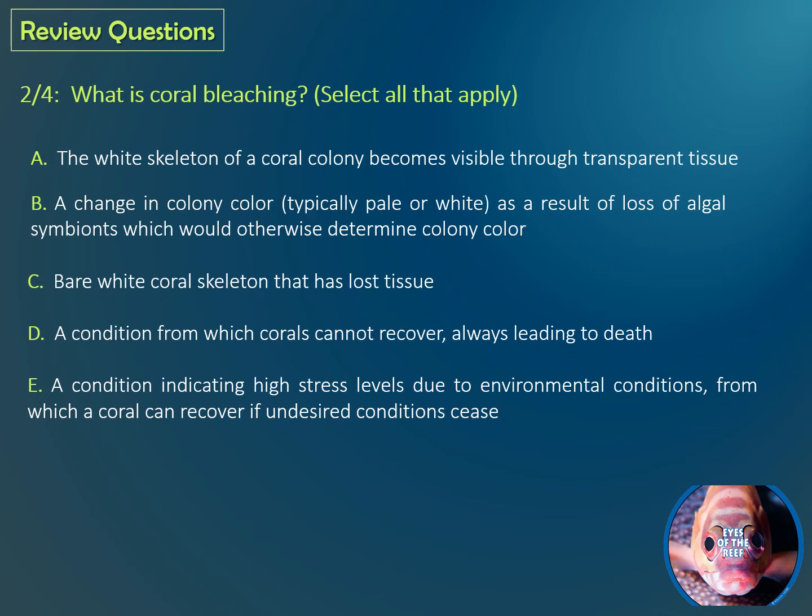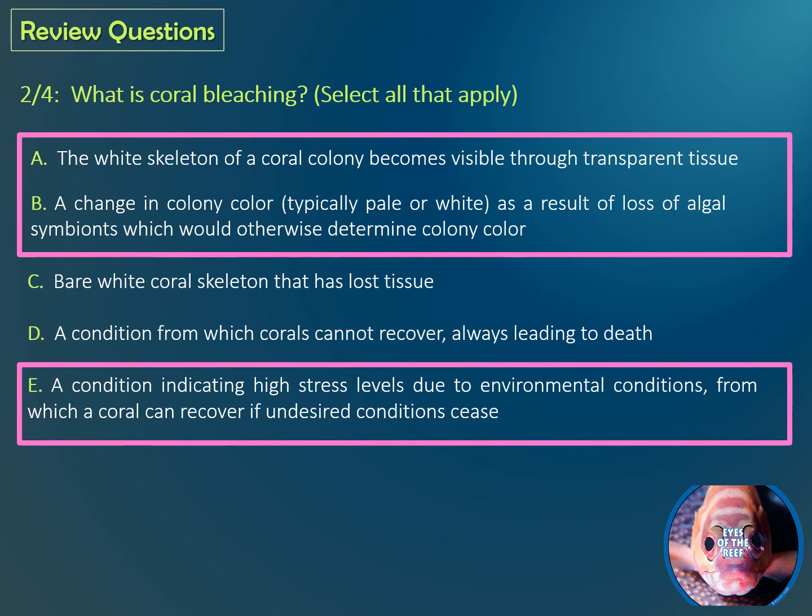D, a condition from which corals cannot recover, always leading to death of the colonies. And E, a condition indicating high stress levels due to environmental conditions from which a coral can recover if undesired conditions cease. If you said A, B, and E, you're correct.